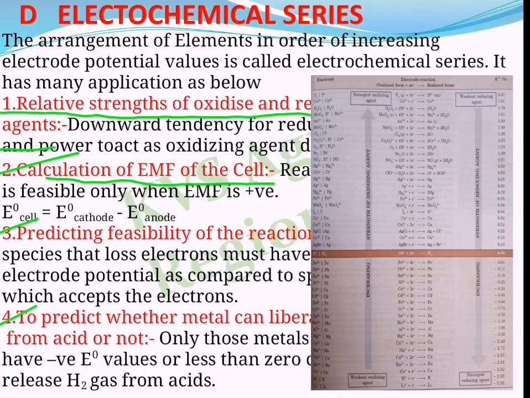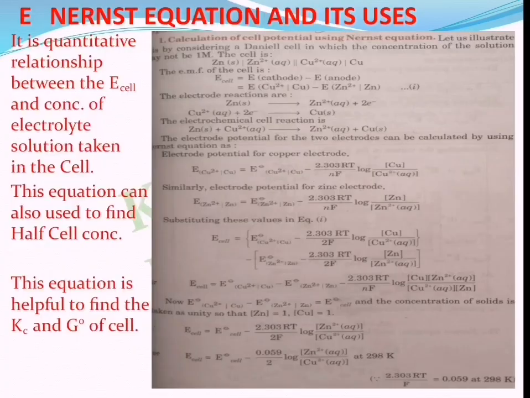Okay, so learn the applications and definition of electrochemical series either with the help of the book or with the help of this slide. Okay, then we come to the next topic, that is the Nernst equation. Here there is a mathematical relationship between the various topics.